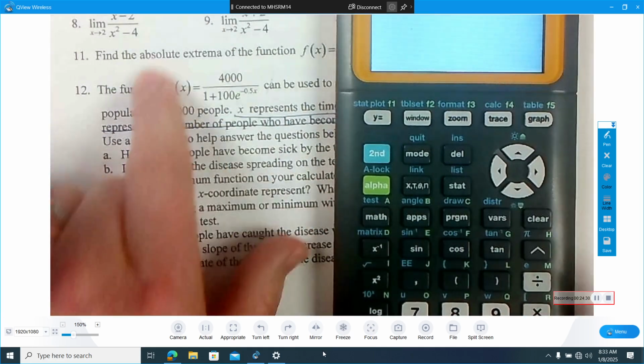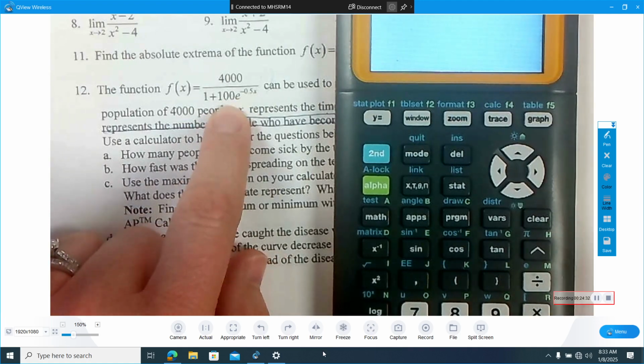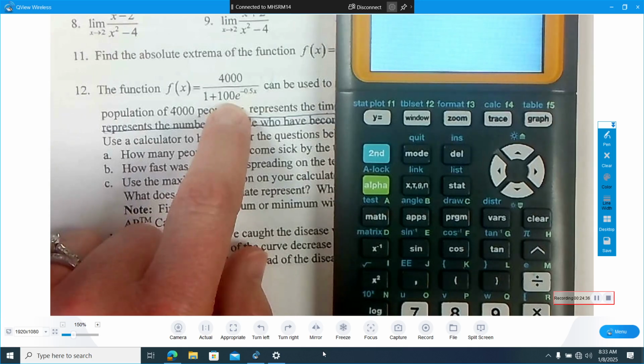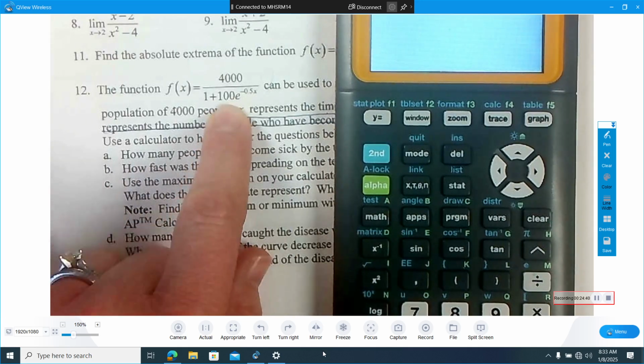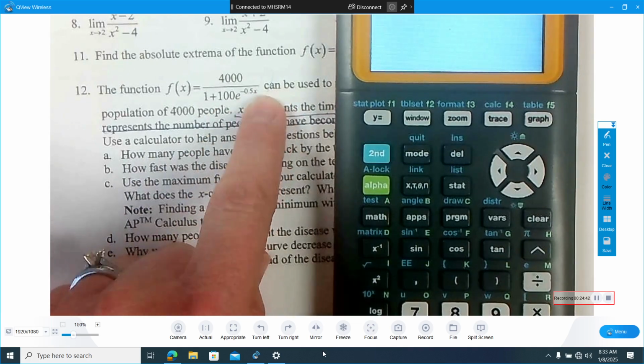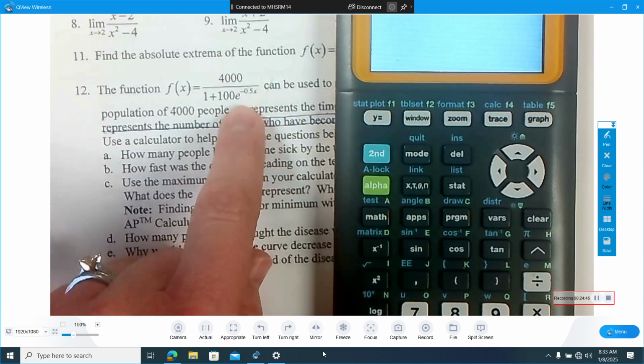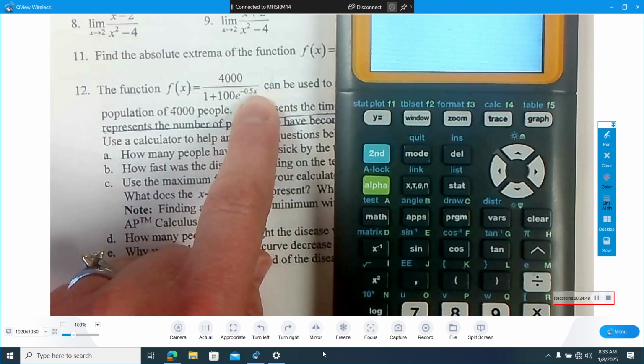And a question like this, I want to do this because it comes to getting a proper window in order to be able to see it. So first and foremost, what happens if you plug in 0 for x? This becomes e to the 0. What is e to the 0? 1.